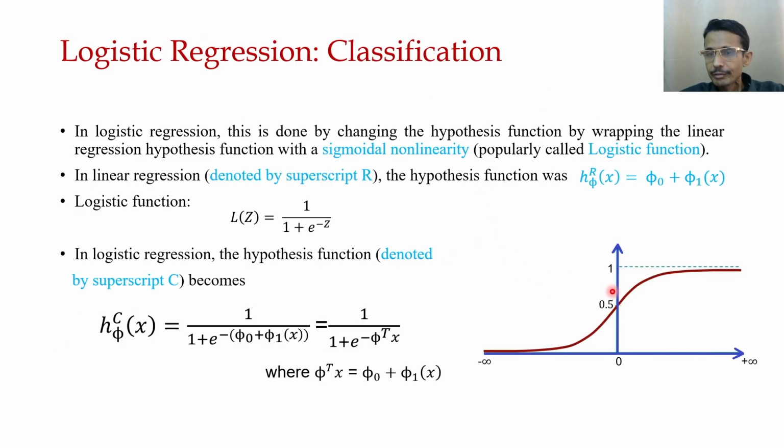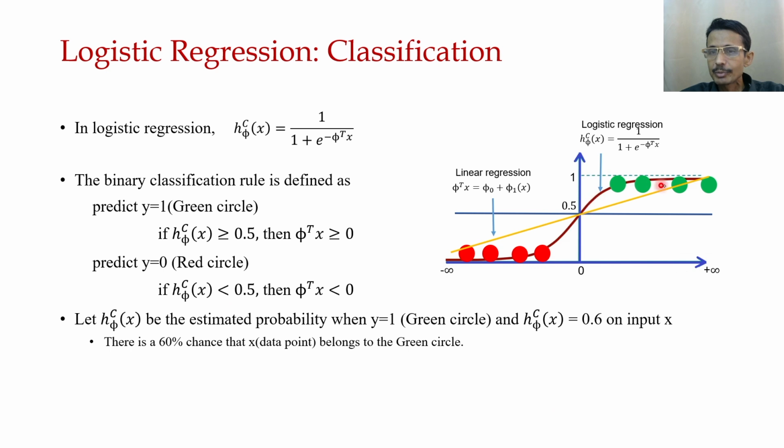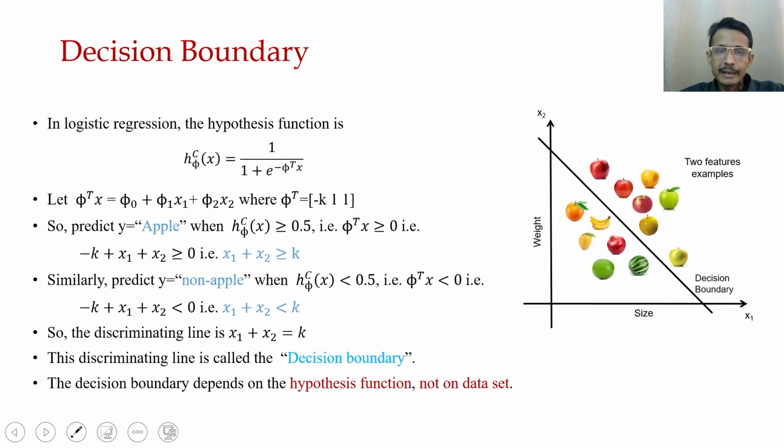If h phi x is greater than 0.5, that essentially means phi transpose x is greater than or equal to 0, as we discussed in the last slide. Here it is minus k plus x1 plus x2, so that means essentially x1 plus x2 is greater than or equal to k.